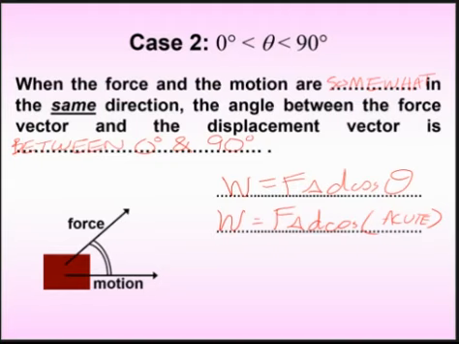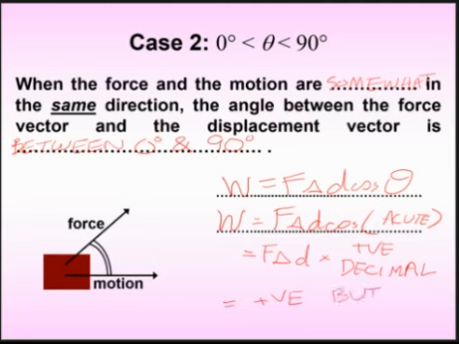So that means it equals F delta D times a positive decimal. Which means, are you maximum positive or just positive? Just positive. So we're going to say positive, but less than max.